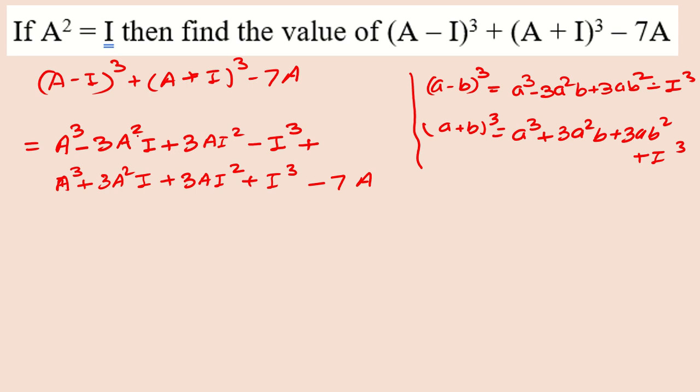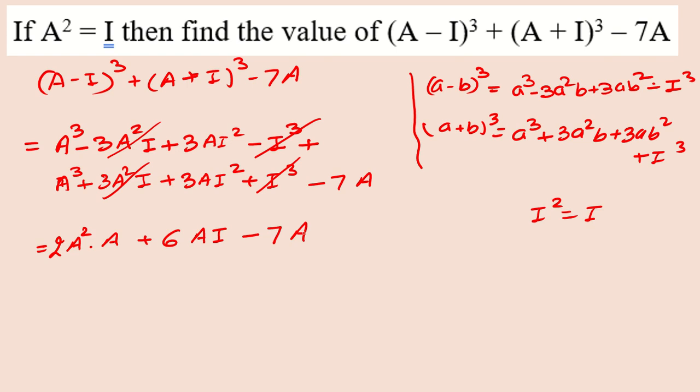Now, positive and negative cancel out, positive and negative cancel out. Now A cube you can write as A square times A, and it is 2 times, so 2A cube plus 3AI square plus 3AI square. I square means I, because identity multiplied by identity matrix will be identity. So 6AI minus 7A.